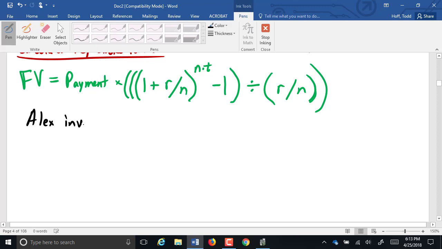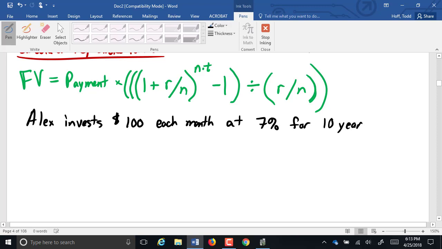So Alex invests $100 each month at 7% for 10 years. Find the ending balance.